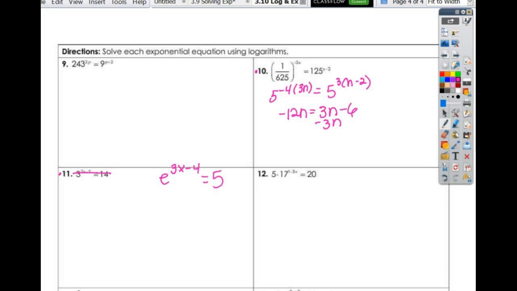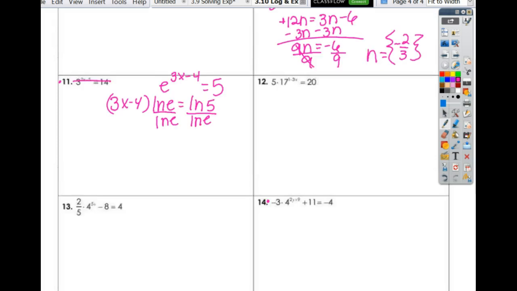Oh, this is negative? Oh, sorry. Thank you. Yeah, I can't see that. So I get a negative 2/3. Okay, you all change number 11 to this problem and work this problem.